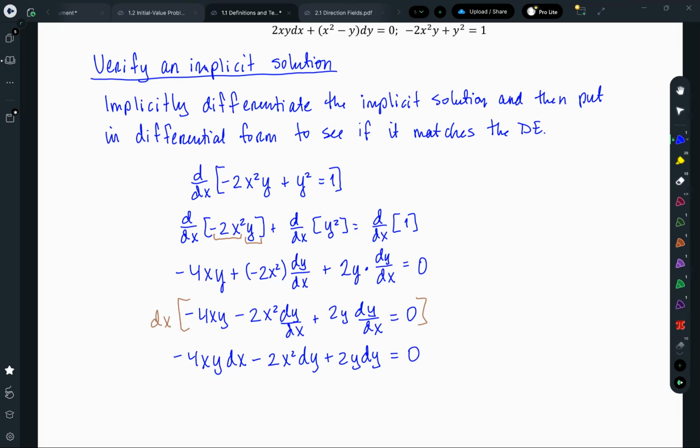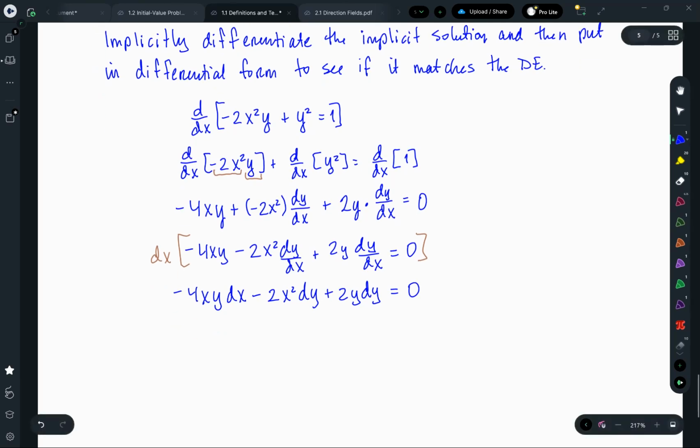Now I'm going to keep my eye on the ball, which is the differential equation up above. It looks like I should maybe factor out a minus 2 or something like that, because I have like double what the original differential equation is, and my minus signs are in the wrong spot. So I'll do that.